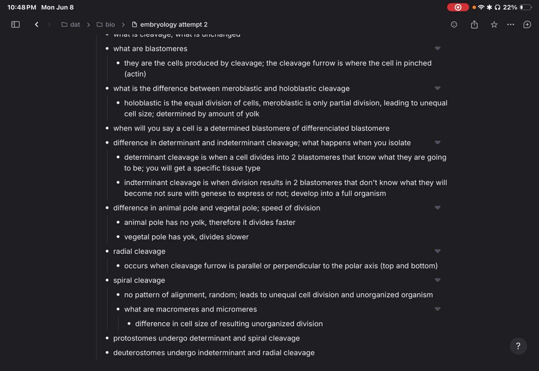Indeterminate cleavage is when you have two blastomeres, but they don't know what they want to be. You could take any of these cells, isolate it, and it'll develop into the full organism because they haven't differentiated yet, because they're not determined. You have to, in order to be determined, have done differentiation. In order to do differentiation, you need to be determined.